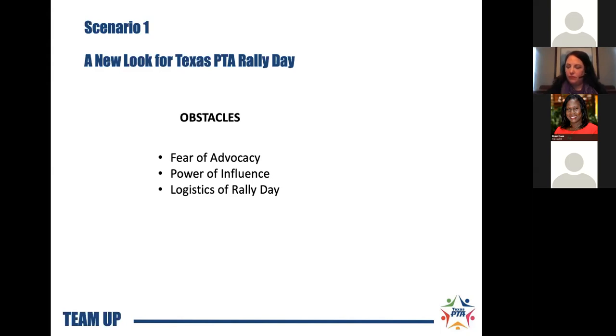So what we did was take a look at the bills that were on the table that particular session. They were pretty critical bills, but we looked at some that we thought would affect everyone across socioeconomic levels, across race, no matter what, but that it was a concern that every single parent would be worried about.